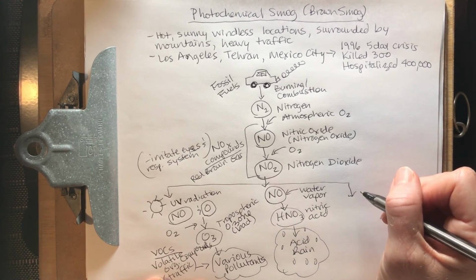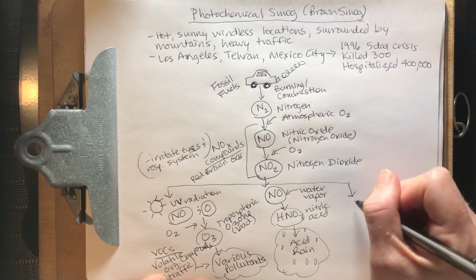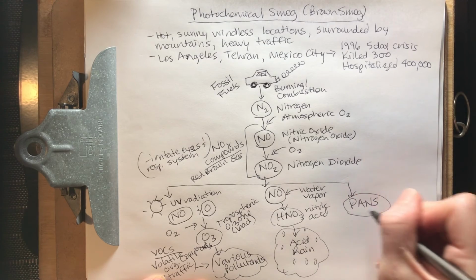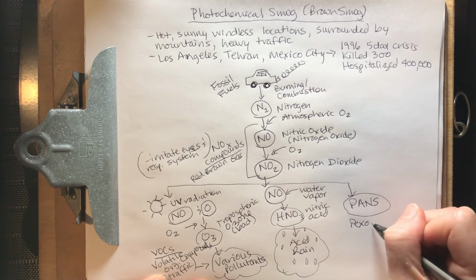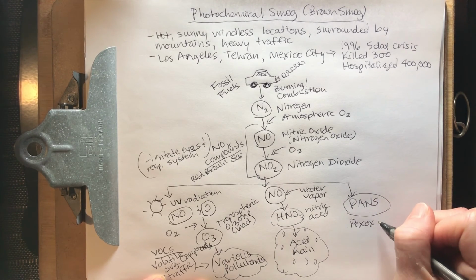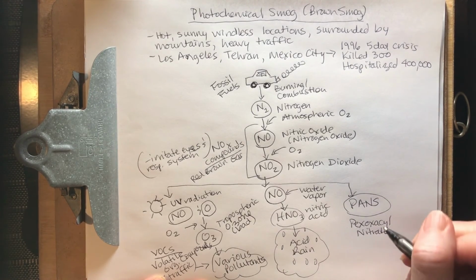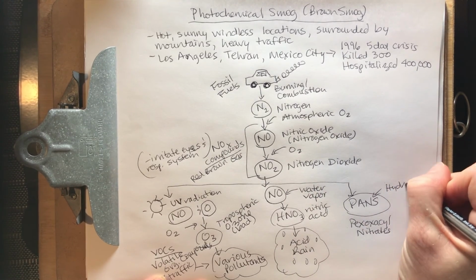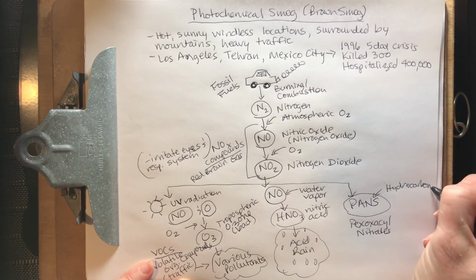Okay, and then over here in this three-part soup, we have PANs, which stands for peroxyacyl nitrates, that's hard to say, which is just kind of a big group of, and this comes from the hydrocarbons that come again from the traffic, burning of fossil fuels.